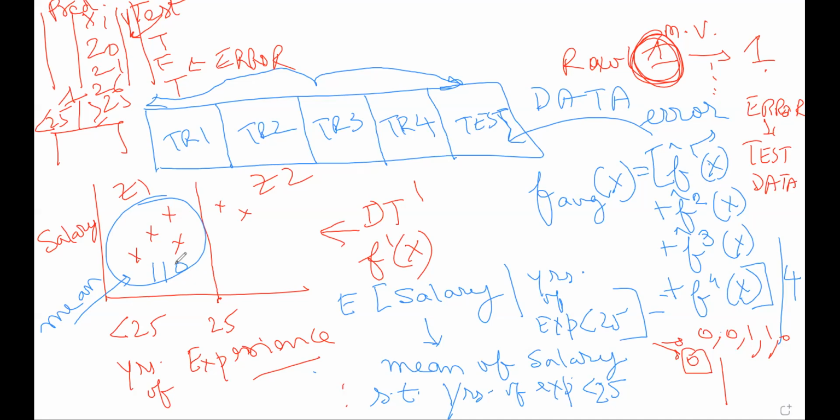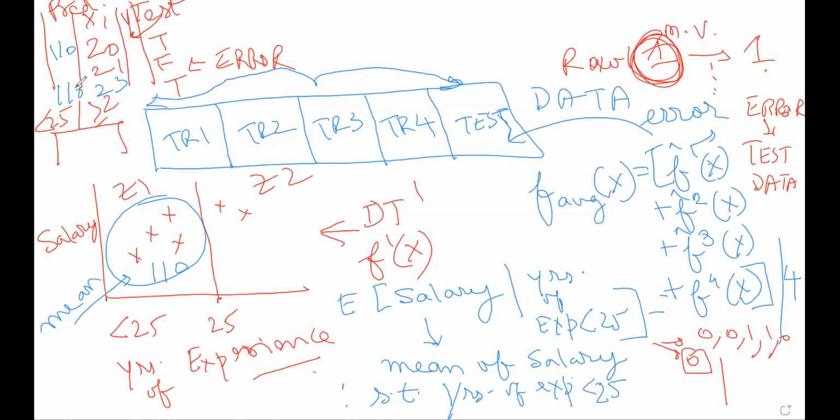So let's now understand this. A person who has 20 years of experience, how much does he earn? 110 units. A person who has, say, 23, how much does he earn? Again 110. Why?